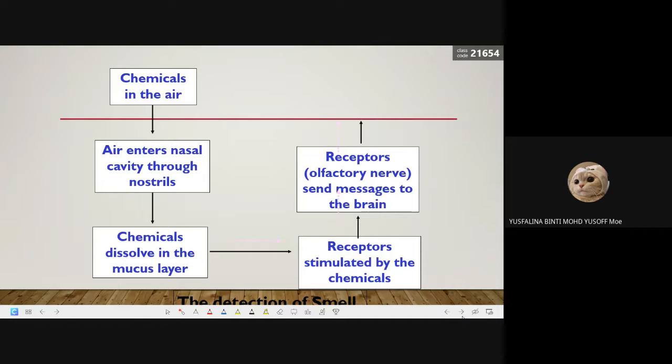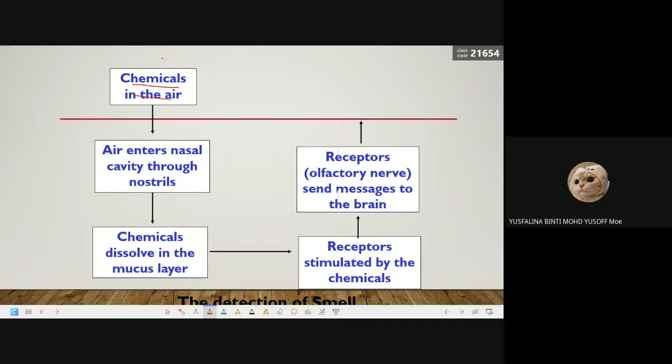So the first one, of course, starts from the chemical in the air, like I told you just now. Your mom fried the chicken, so the chemical substance from the smell will be dissolved in the air, right?